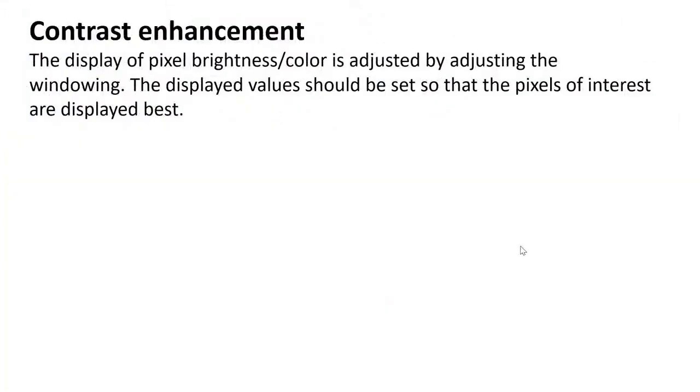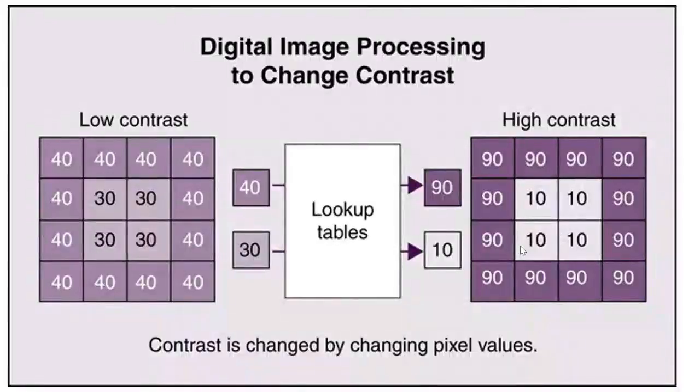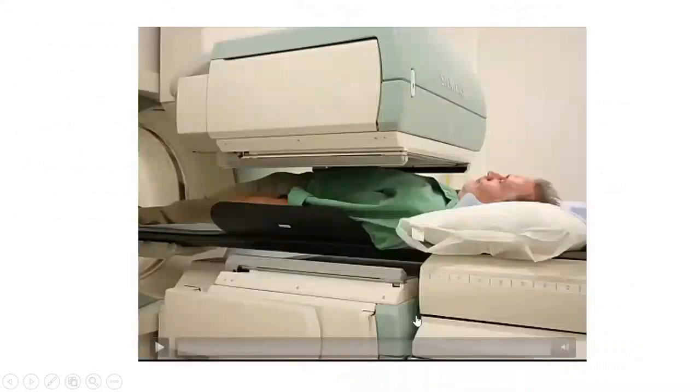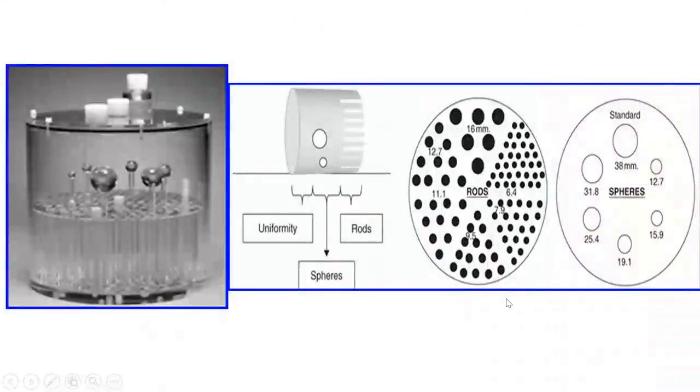We talked in detail about dynamic imaging and SPECT imaging, and we started discussing autocontour and the circular movement of the head in relation to the patient. The head was moving in a circular manner, in a very precise manner, using autocontouring to get as close as possible to the surface of the patient during the imaging process.